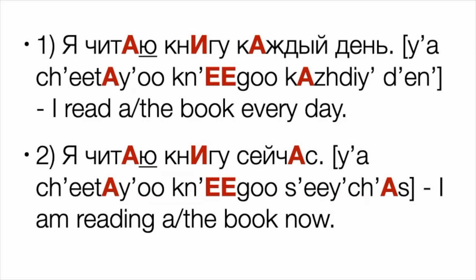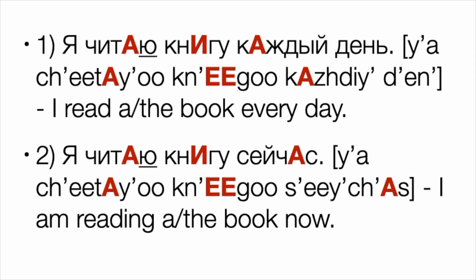So either some time words or the context or both help us to understand which tense is used. Number 1. Я читаю книгу каждый день. I read a or the book every day. Number 2. Я читаю книгу сейчас.